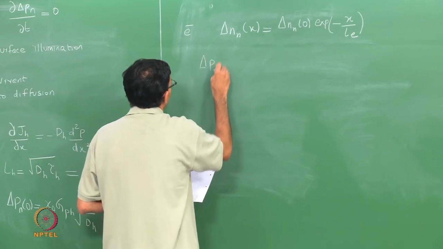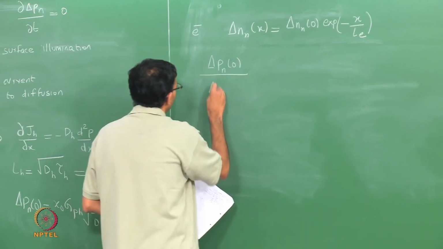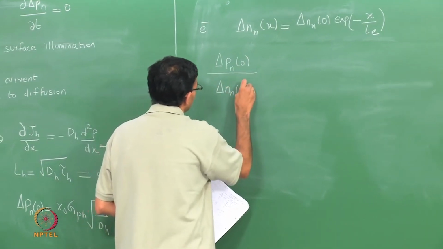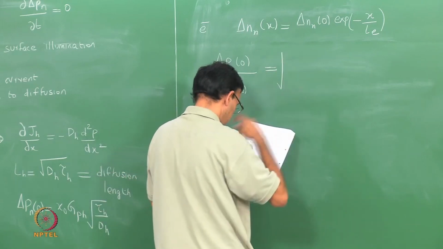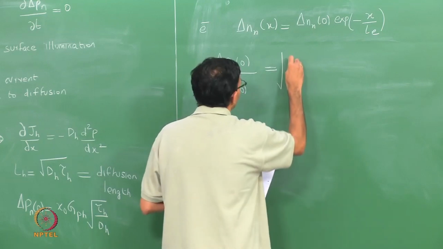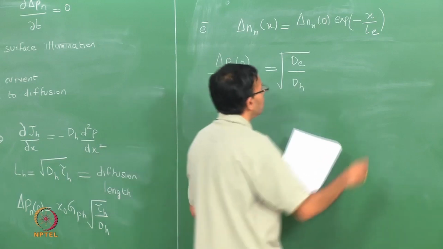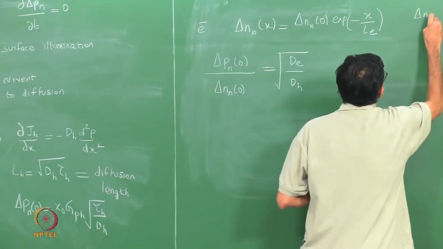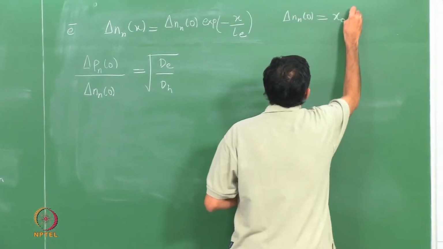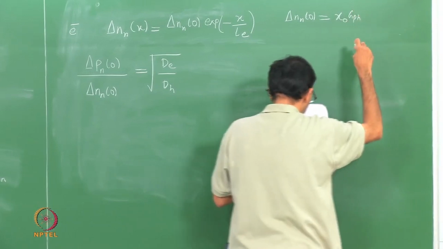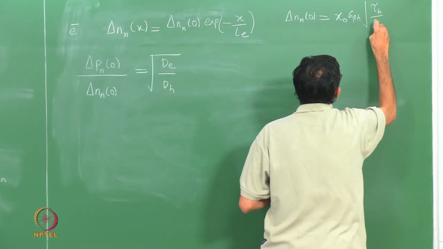So, delta Nn naught, which is the number of electrons generated at the surface, is related to delta Pn naught by the square root of De over Dh. So, delta Nn naught is x naught Gph square root of tau h over De.